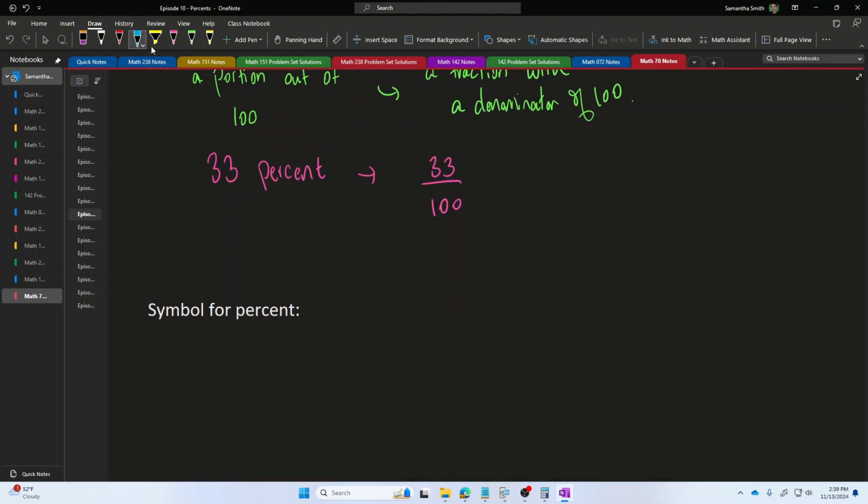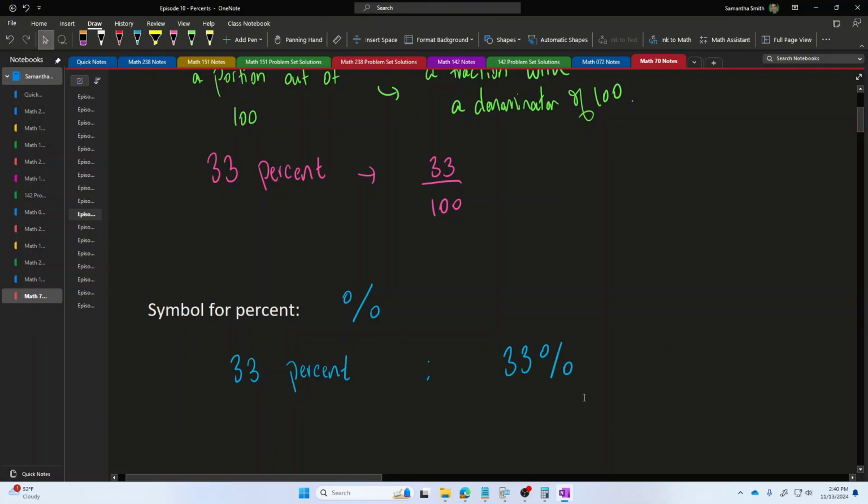Now, the symbol for percent looks like this: a circle, and then a slash, and then a circle. So if I wanted to say 33%, then the symbol for that would be 33 with this circle slash circle symbol here.